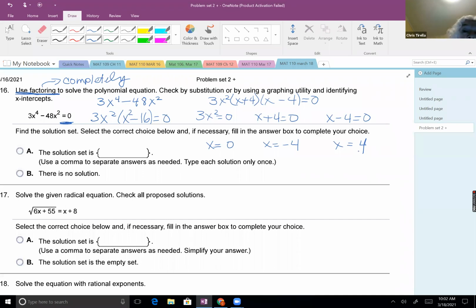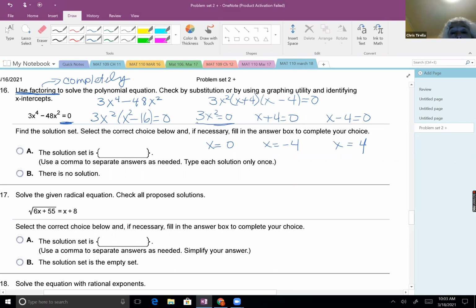Did anybody else get 3 solutions of 0, -4, and 4? Does anybody have questions as to where those values came from? I'm going to add a little bit of detail.